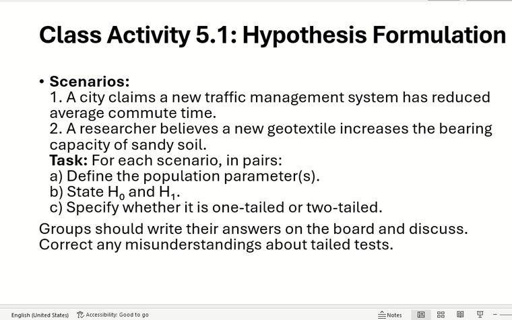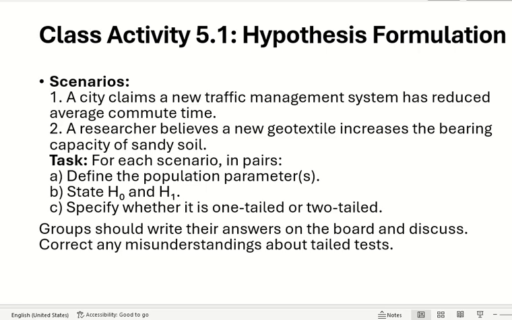We discussed it in the last lecture. What we are measuring is just time. We are measuring commute time, right? Okay. So our population is what? The commute time for the users, all the users?